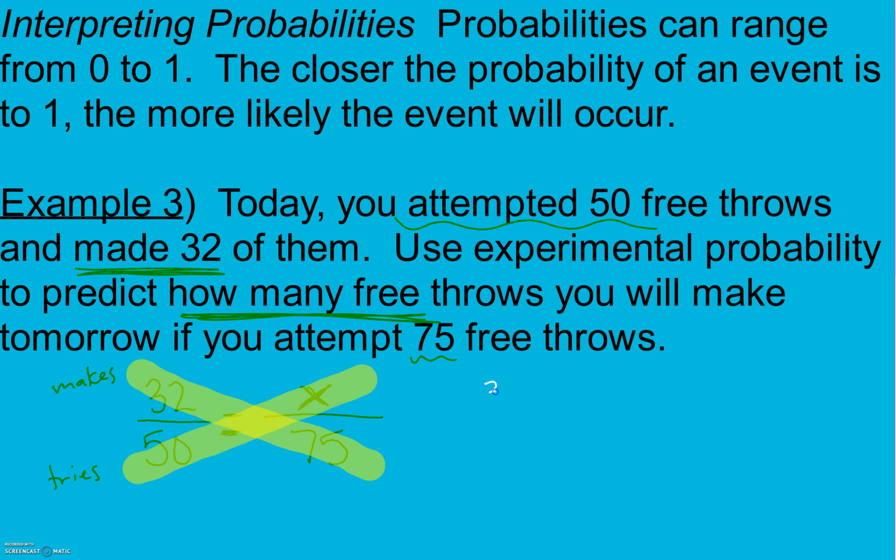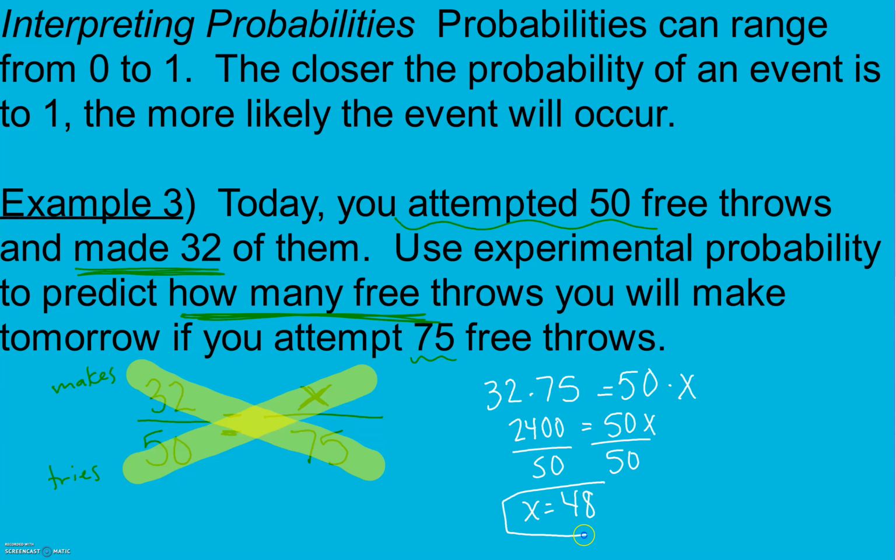Here we take 32 times 75 equal to our second cross product of 50 times x. When I do that, I get 2400 equals 50 times x. We divide by 50 to get x by itself. Remember, we always move away from our variable, and get 48.